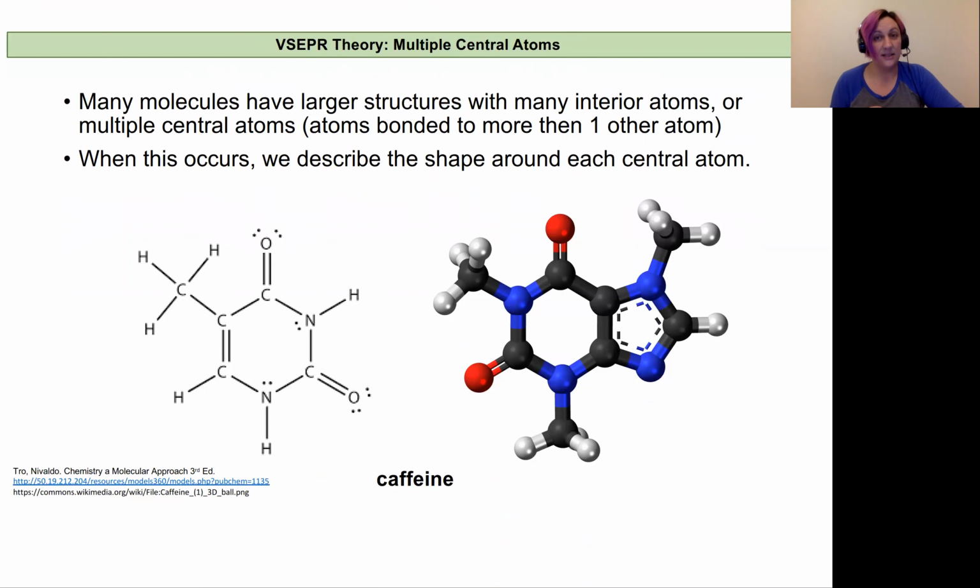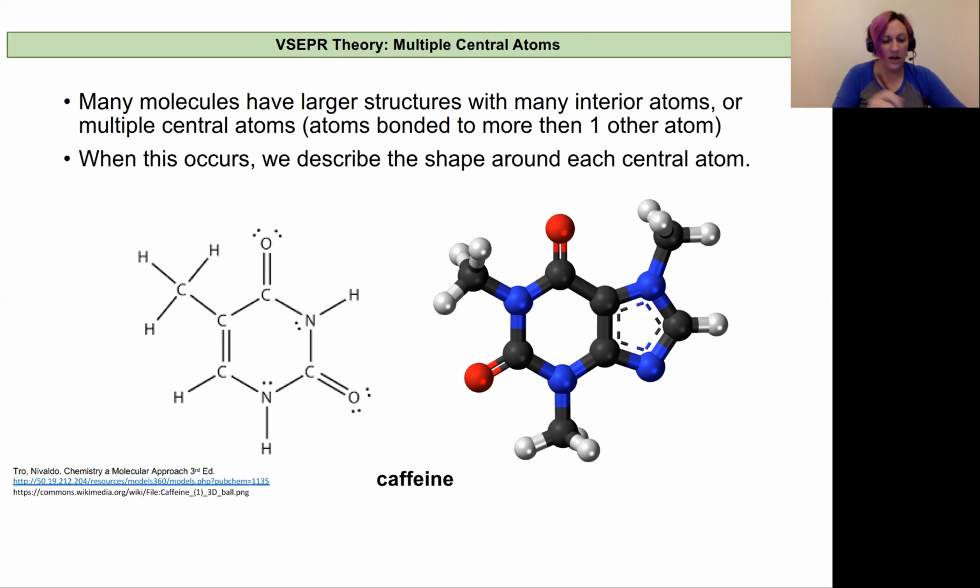Another aspect of this that takes a little practice is putting it all together for a larger molecule. It's easier to do with very small molecules with one central atom, but I expect you to be able to apply these to molecules that have more than one central atom. Here's a favorite, caffeine. It's an example of a larger molecule that has lots of central atoms within its interior. So I'm going to go through and just highlight all those central atoms.